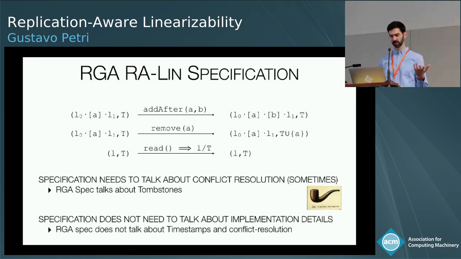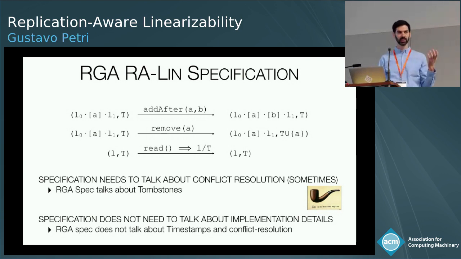So there are two things to observe here. The first one is that the specification needs to talk a little bit about the conflict resolution. We can't avoid this. If you think about the multi-value register, if we don't talk about the fact that there could be concurrency and we could have weird behaviors in the spec, then you would never expect to see a set.